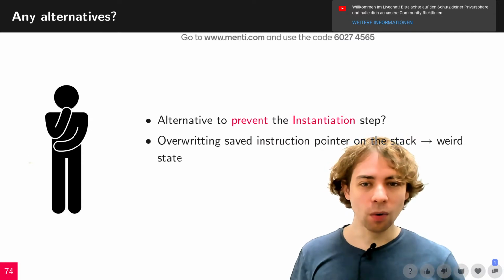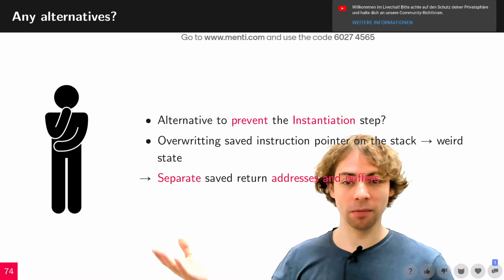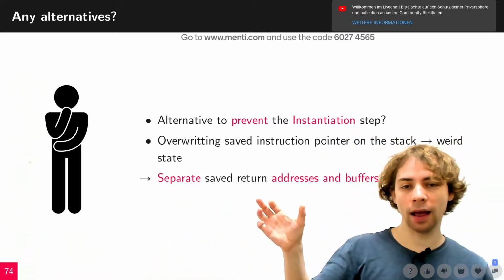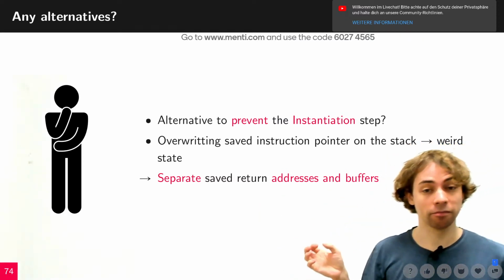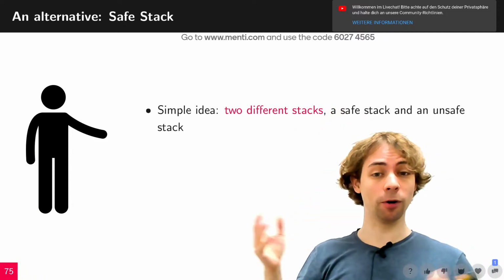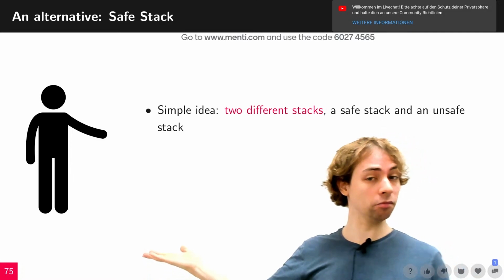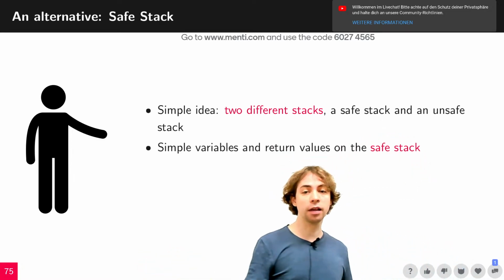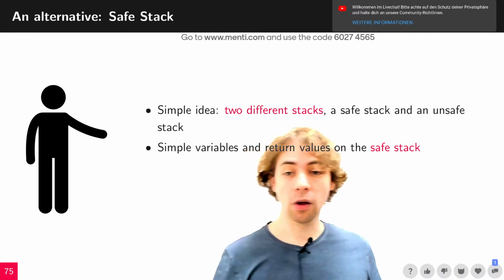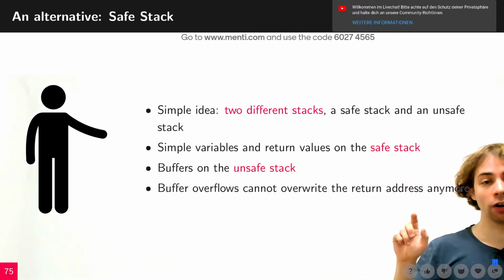So maybe we can have separate locations for addresses and buffers. A very simple idea. We use two different stacks, one safe stack for just addresses and an unsafe stack just for buffers. Why not? So simple variables and return values would be on the safe stack and buffers on the unsafe stack. Very nice. Now buffer overflows cannot overwrite the return address anymore.